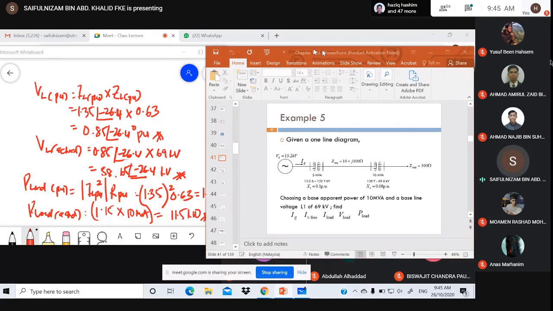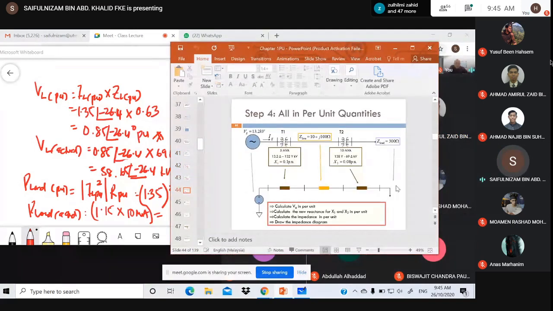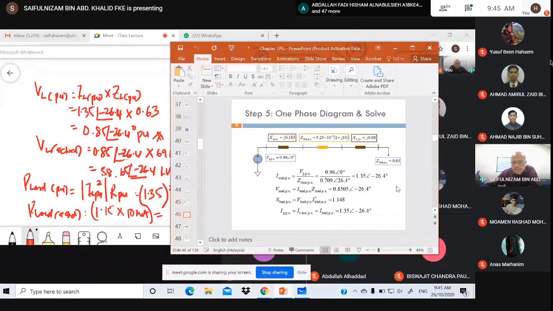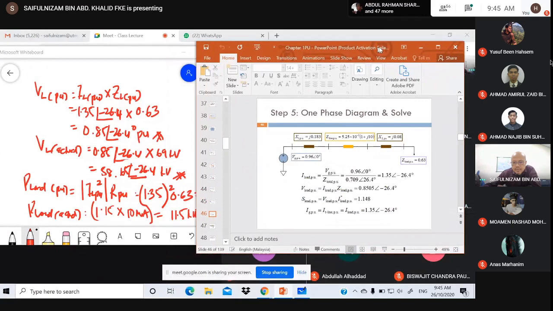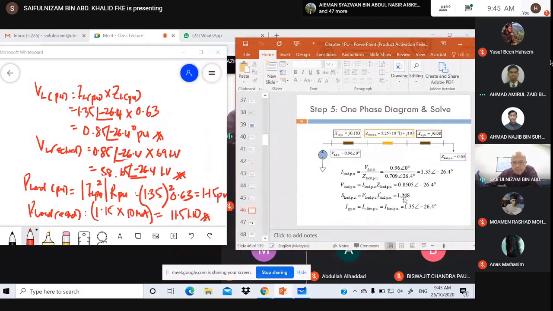So any questions so far? I think we have done this example problem. Any question? 11.5 is acceptable. 1.14 or 1.15 is okay, acceptable. This is the per unit power.